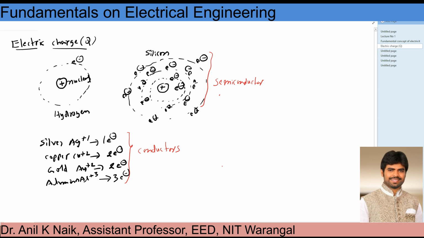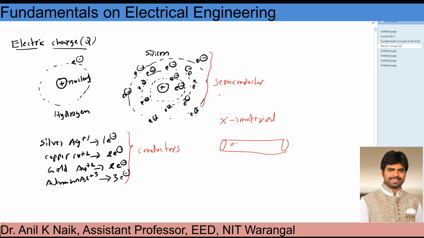Now we will see the concept of positive and negative charges, and what those are. In order to understand this, let us consider an X material. If you consider that X material, it has some free electrons in it.